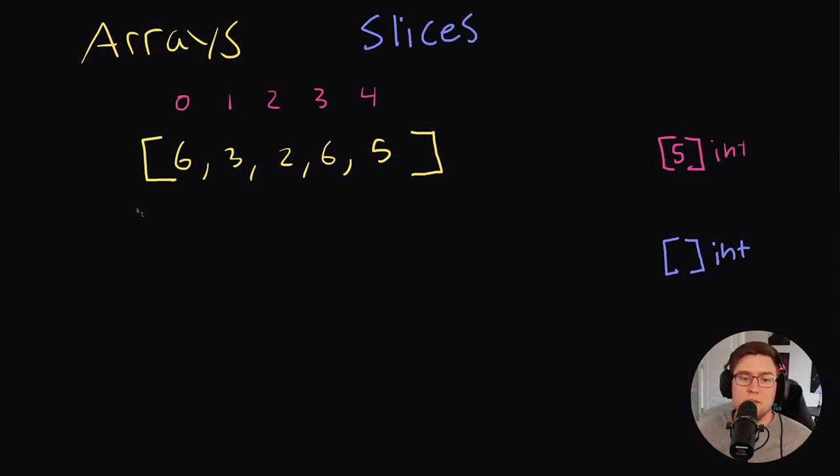So that means, for example, that I could create a slice that just looks at this kind of middle portion of this array.